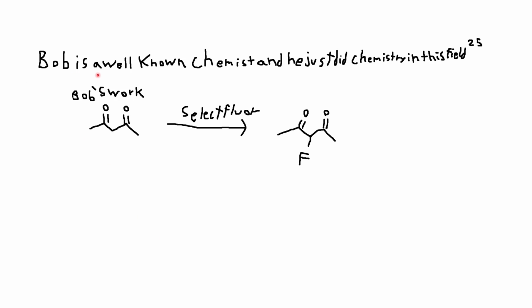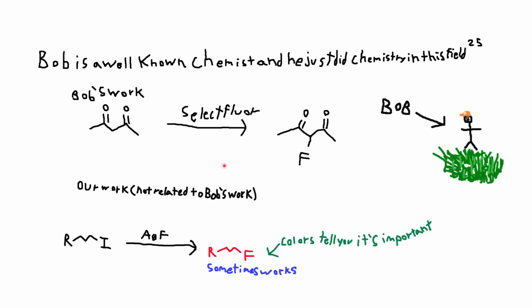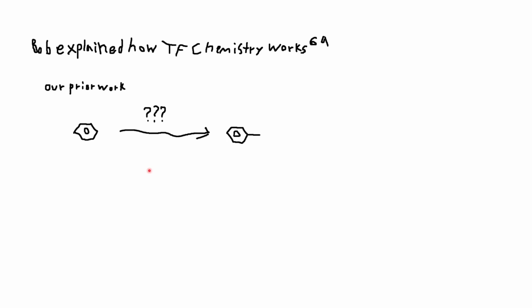Now, another reason would be like Bob is a well-known chemist and he did chemistry in this field. So you just talk about Bob's work, but it has absolutely nothing to do with your work. And you can see Bob is outstanding in his field, literally. Another thing would be, if you didn't know how this chemistry worked, but you reported it, some guy figured out how it works. Like Bob figured this out, Bob rationalized the chemistry.